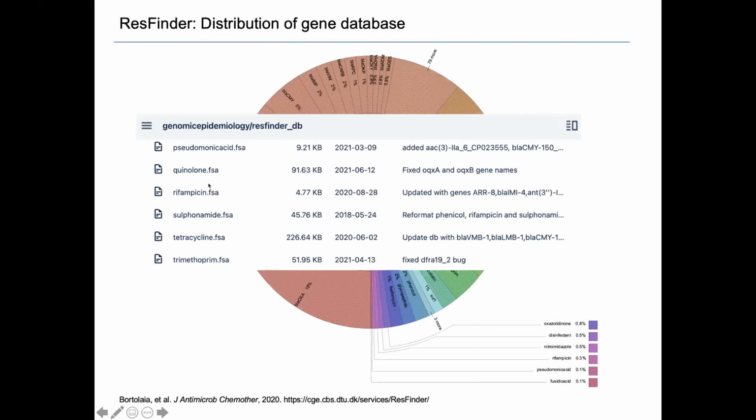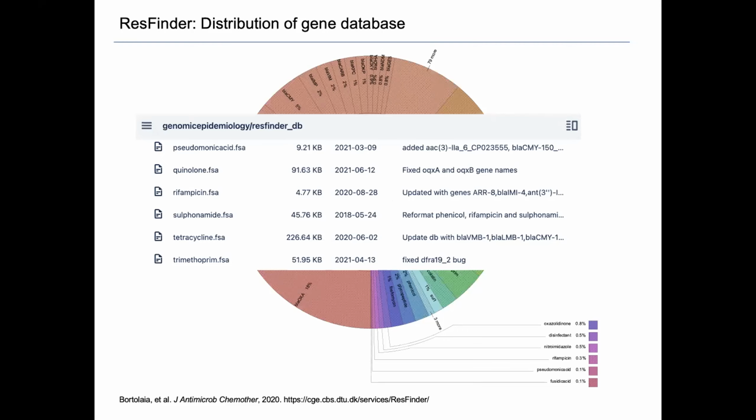For example, if you were interested in rifampicin resistance, you could download this file and it would have all of the rifampicin resistance genes. And then on the right, we can also see any updates they have made to a particular database, anything they've added or removed or updated.